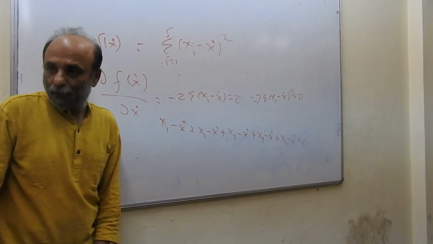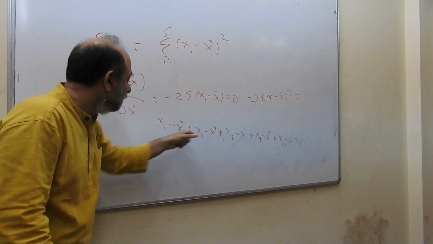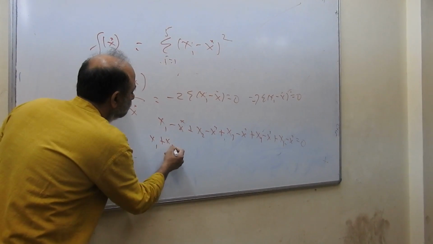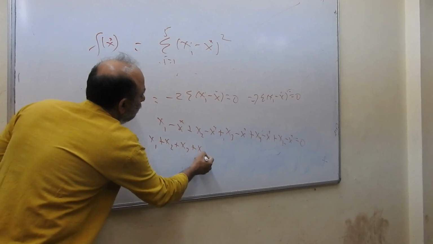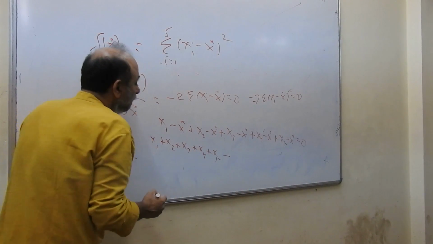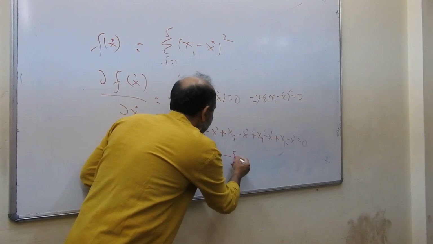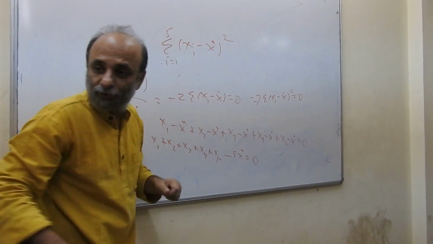If I add these up, this will be x1 plus x2 plus x3 plus x4 plus x5 minus 5 times x star, equal to 0.